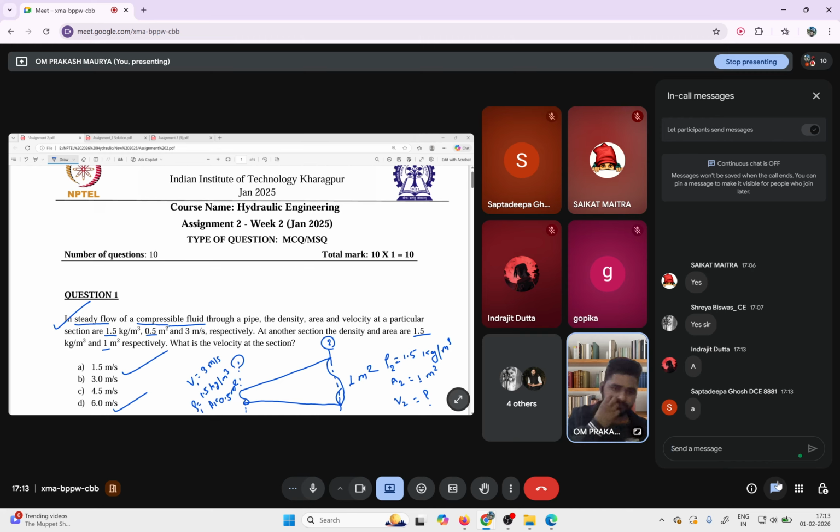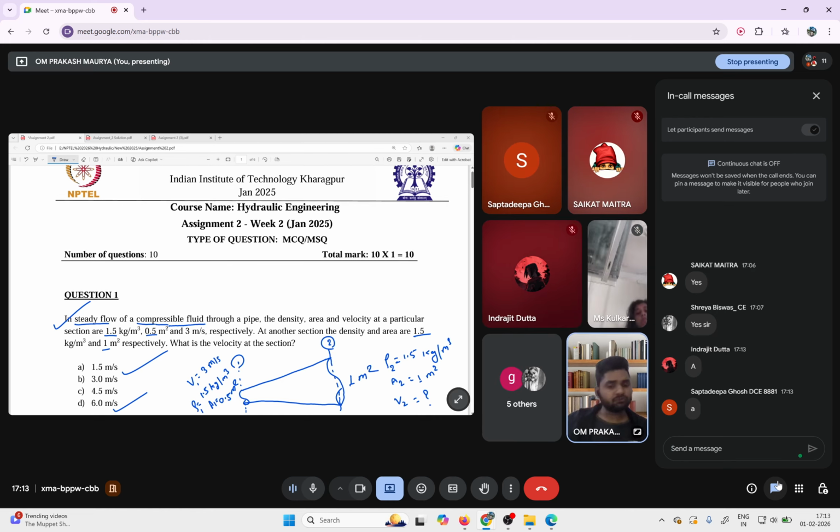Okay, A. Indra is telling A. Ghosh is telling A. Okay. Both are telling A. Other friends, please also try to solve.